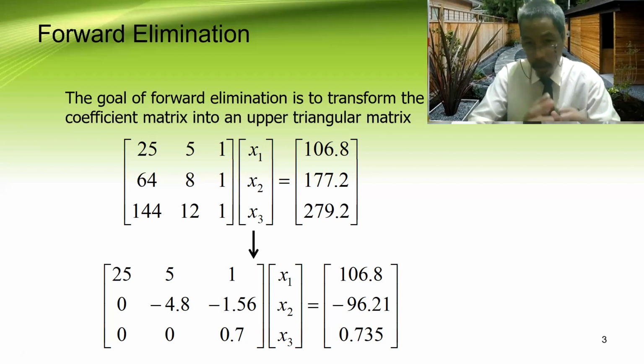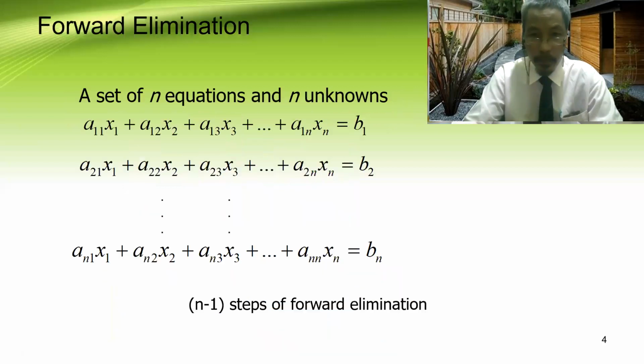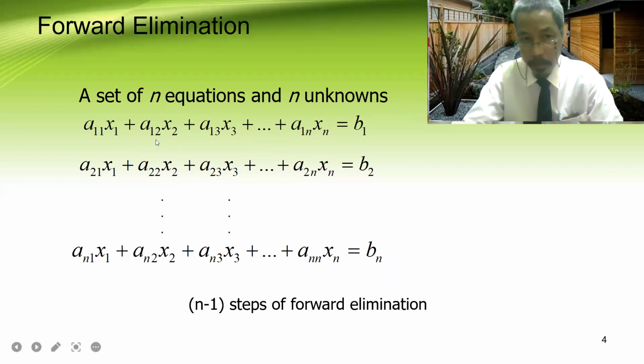And how can we do it exactly, step by step? Okay, a set of n equations and n unknowns, and that example, that is 3 equations, 3 unknowns. So 4 equations, 4 unknowns, 5 equations, 5 unknowns. So those are the types of simultaneous linear equation that looks like this: one variable, another variable, and so on, up to the n variable.